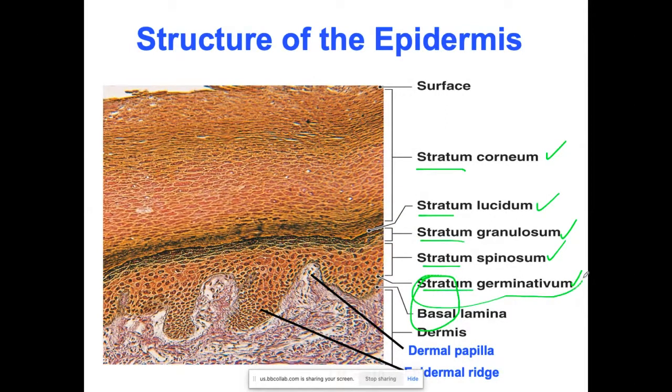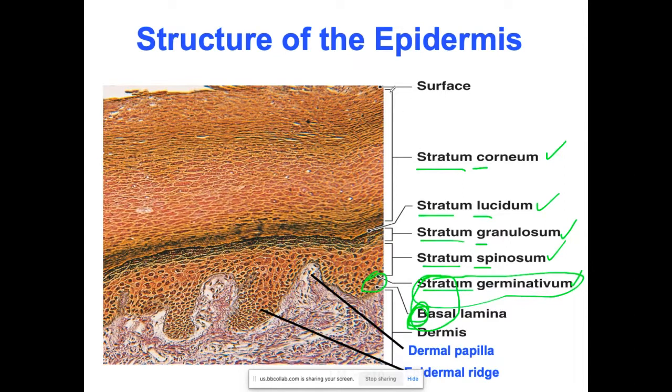So sometimes they can be interchangeable terms because they're so close, those two. And a little mnemonic to help you remember the 5 layers from superficial to deep is Cher loves getting skin Botox. Cher loves getting skin Botox.